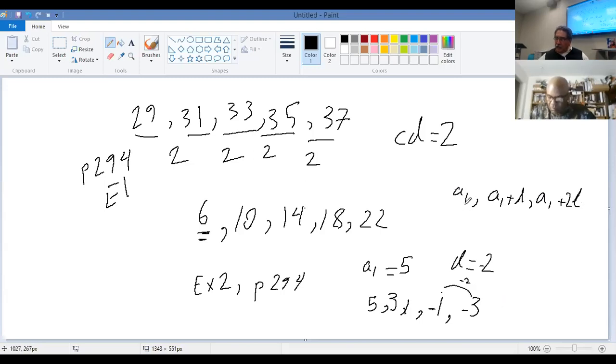In our case A1 was 5 and D is minus 2, so the second term is 5 minus 2, 3, then 1, then minus 1, then minus 3, and so on. All right? Are you guys okay?